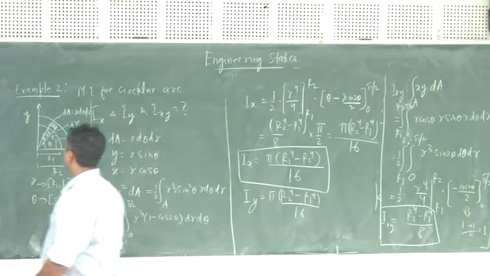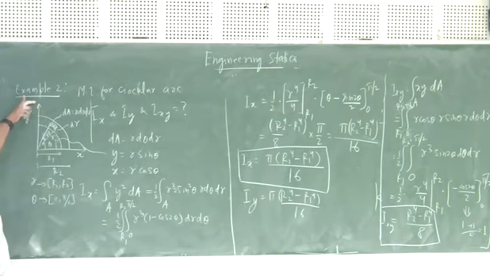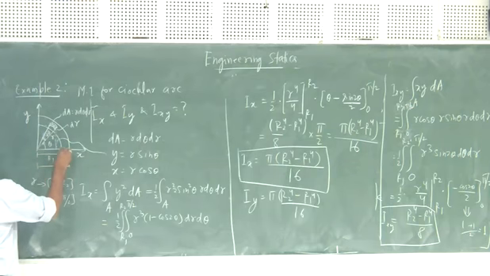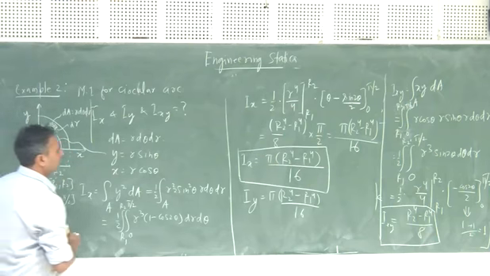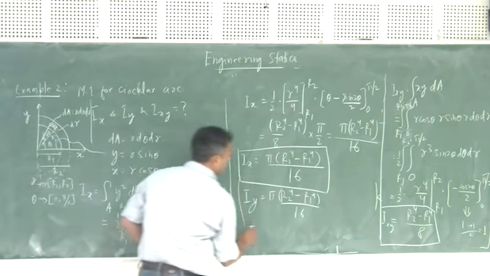Now, again, just note this axis and this axis. However, if you try to find out the product of inertia for hemispherical objects, for example this one, first of all, let me just summarize this.